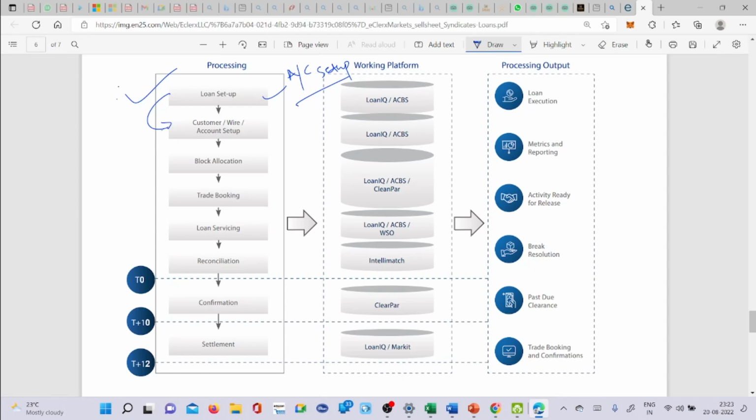Then allocation of trades, primary trades and secondary trades. That is an important one, because primary means your purchase trade, the first purchase trade. When you purchase something for the first time, let's say as a fund manager you're buying Wipro shares or equity for the first time, that trade you can call your primary trade.